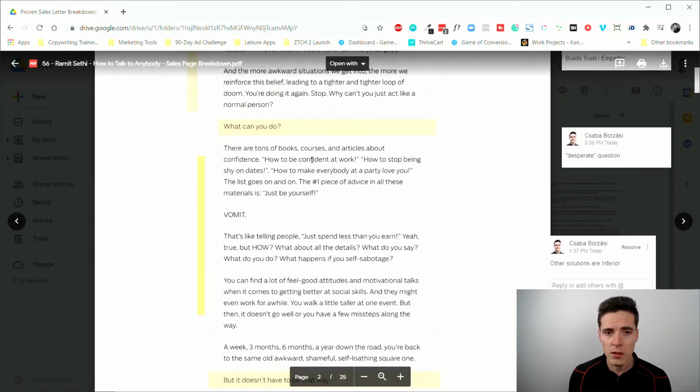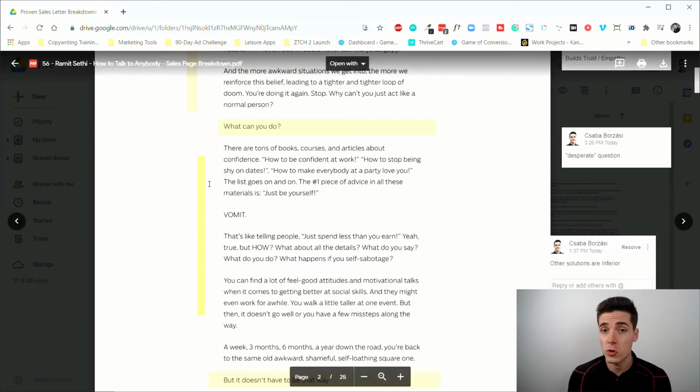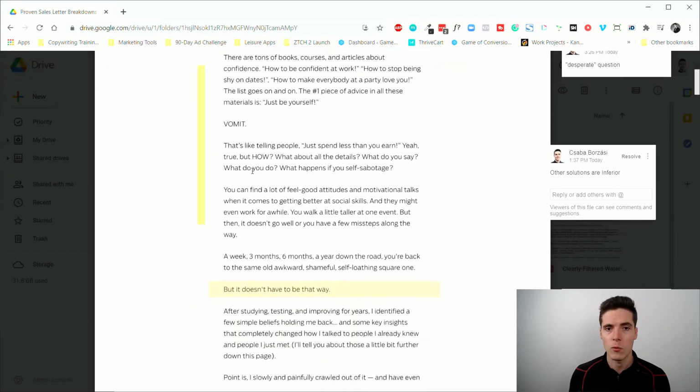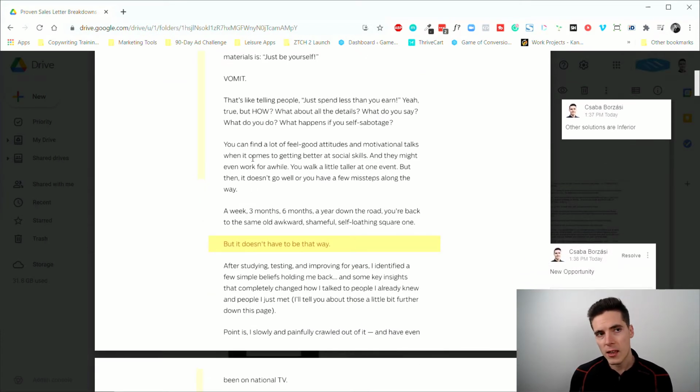And then Ramit goes on to say that other solutions are inferior. Naturally, you start reading about this stuff on Google or in books, and you just hear the same solutions over and over again. The same BS type of solutions that don't really work, but we think they work, but they don't. And then he eventually starts hinting at a new opportunity.